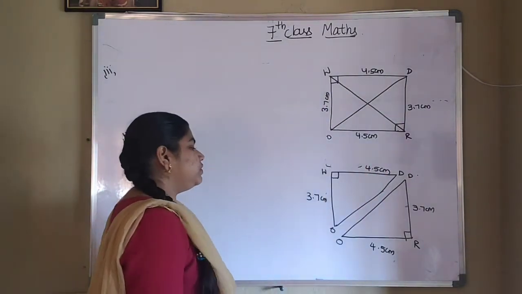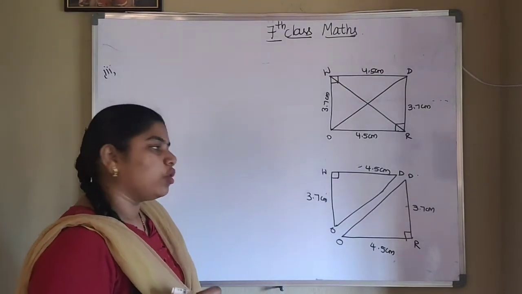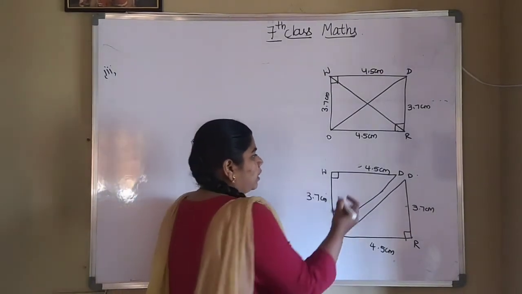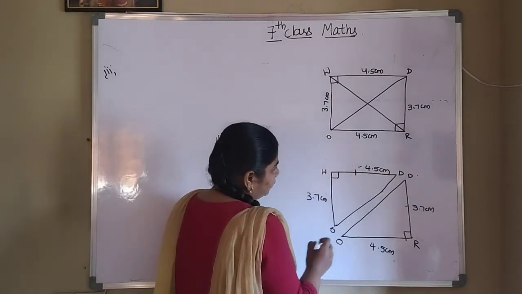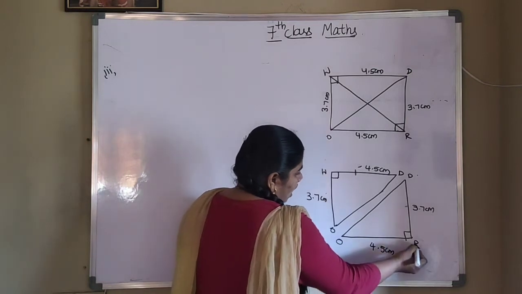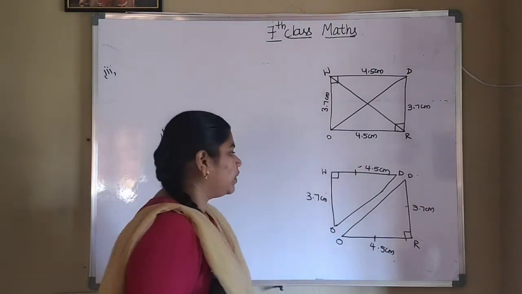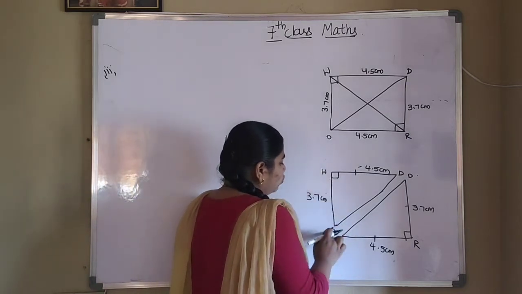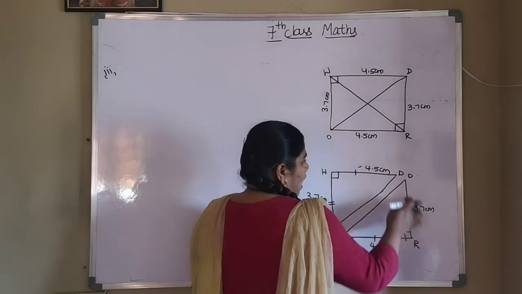By using SAS congruency, yes, they are congruent because WD is equal to RO. This is 4.5, this is also 4.5. Next, WO is congruent to RD.